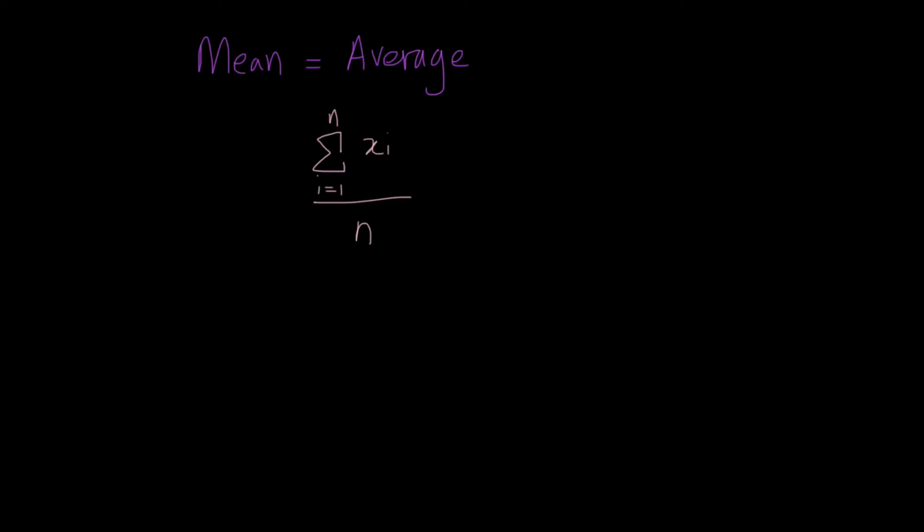And what this complex sort of looking thing basically means is if I have n terms, the mean, also represented by this x bar, is the sum of the first term plus the second term plus the third term all the way up to all the terms, divided by n. So this is what the mean is.